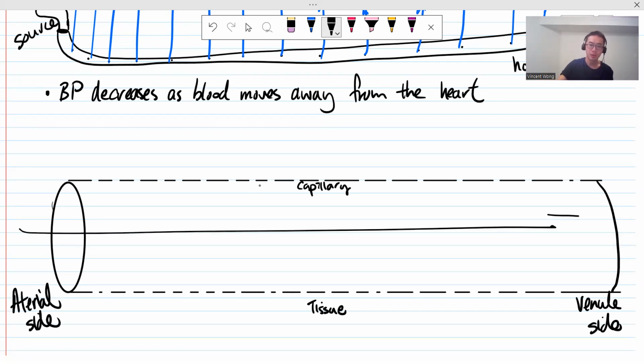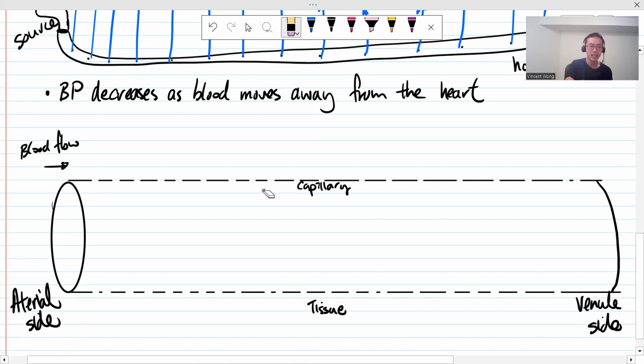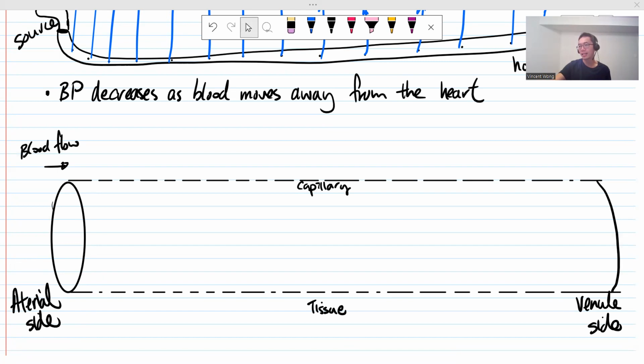Okay, so remember the blood is going this way, right? This is blood flow. So based on what we talked about with the hose and the water pressure, water shooting everywhere, which side is gonna have higher blood pressure? The arterial side or the venous side? Let's do a poll. Which side has the higher blood pressure?